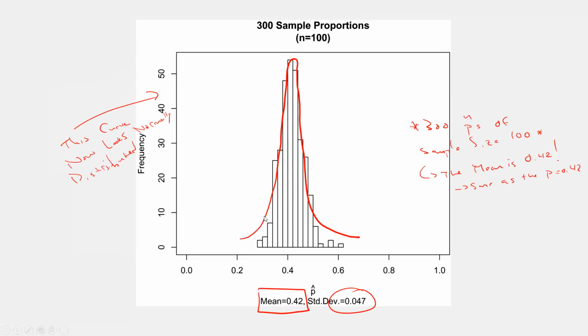Once we got to 100, it really started to look that way. So there's going to be a number check for this, which I'm going to show you in the coming slides. So what I'm saying here, just so we're clear, is the sampling distribution of the sample proportion, which is that p hat, looks normally distributed.